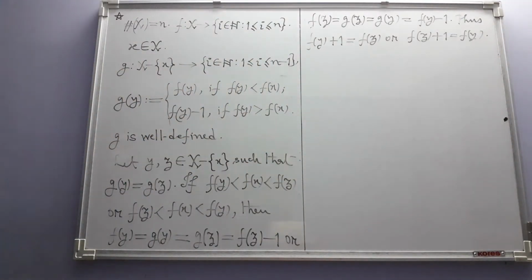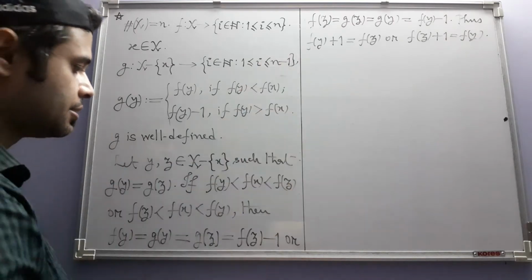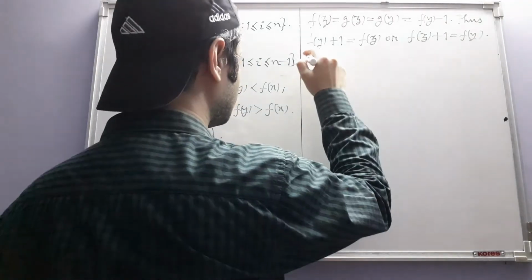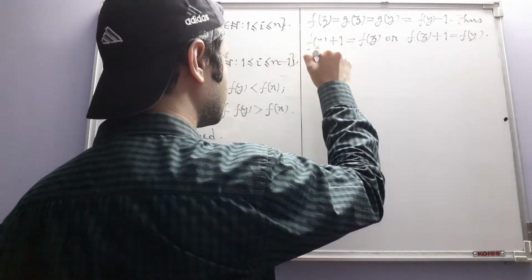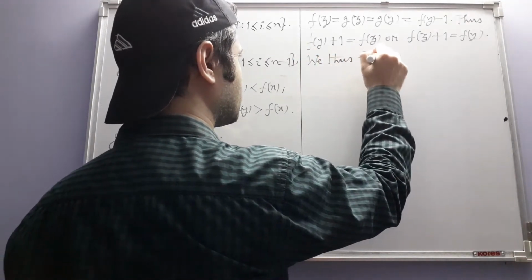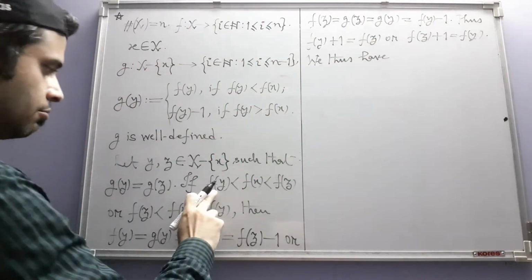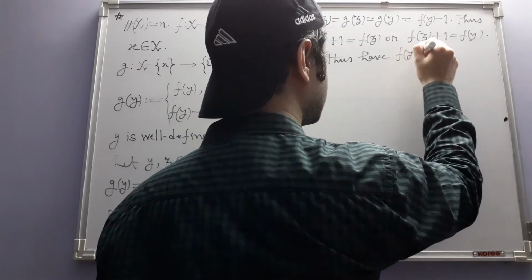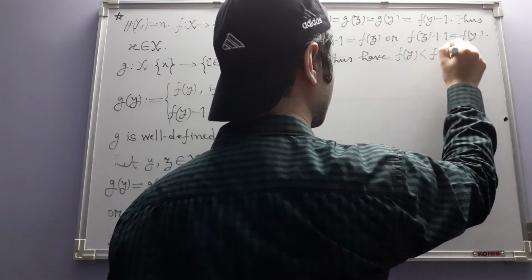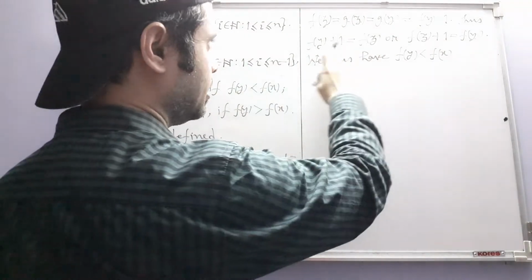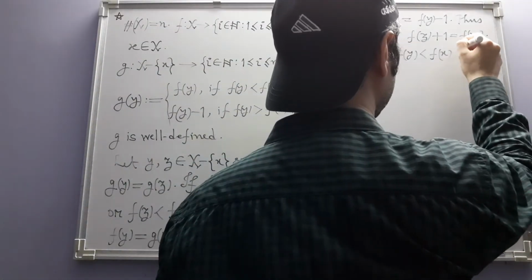Okay, now let us use these things back in these inequalities. So we thus have for the first set, f of y is less than f of x, but that is less than f of z, and f of z is f of y plus 1.